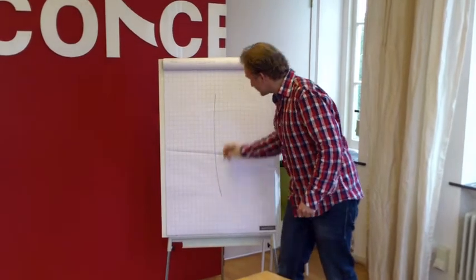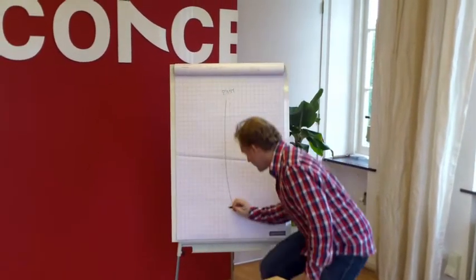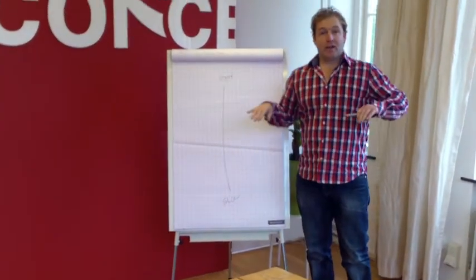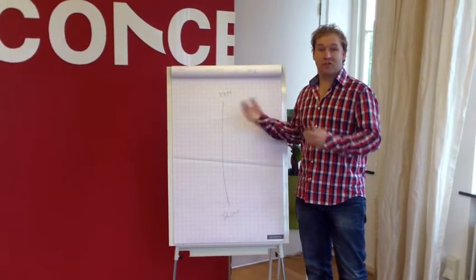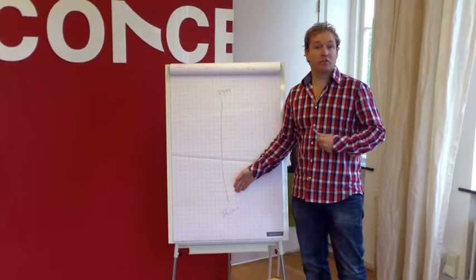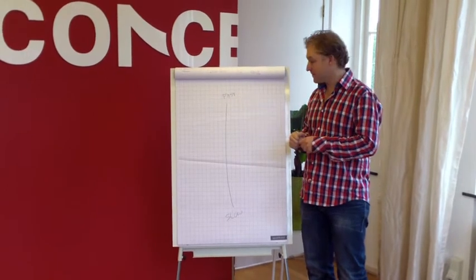One axis is fast versus slow. So you can divide your customers into people who make decisions very quickly versus people who make decisions more slowly. They want to sleep on it at night, and they want to act fast.